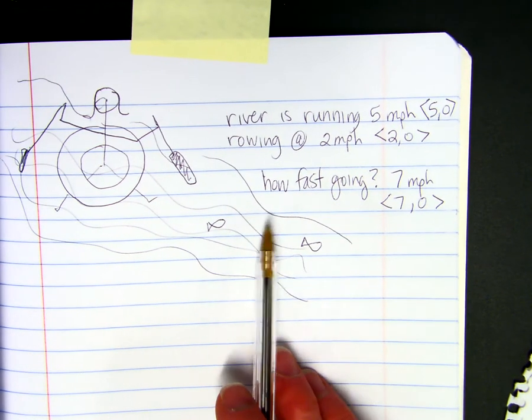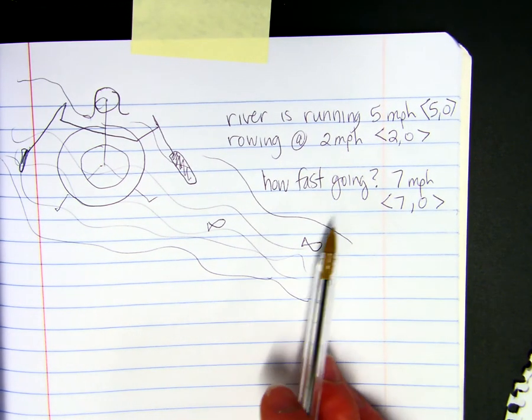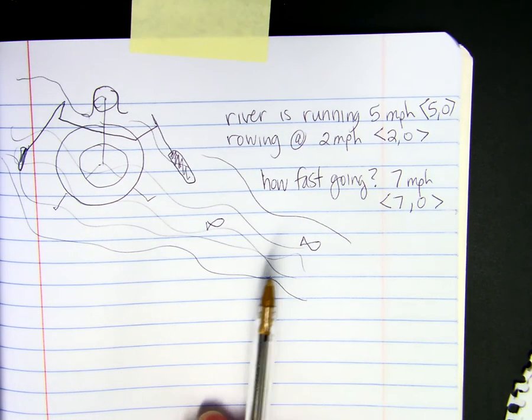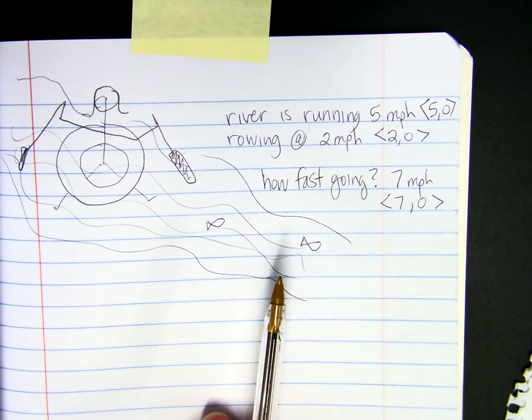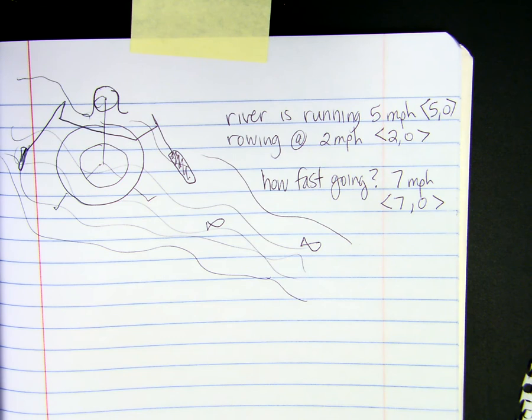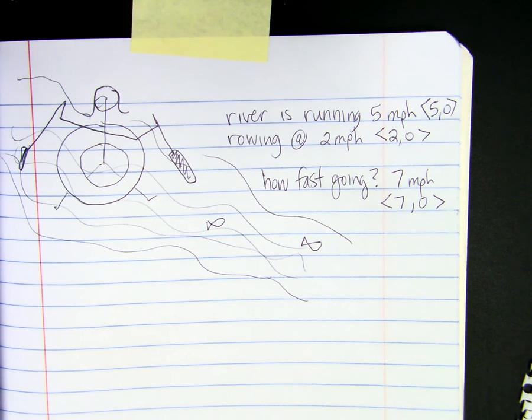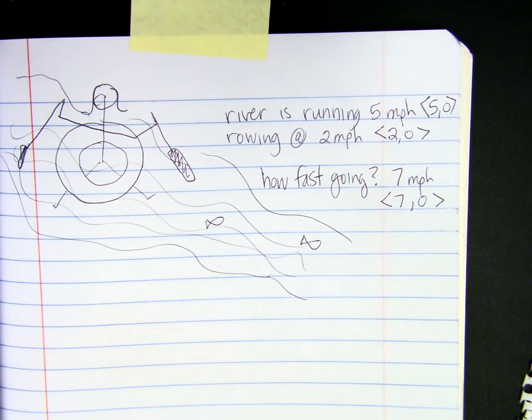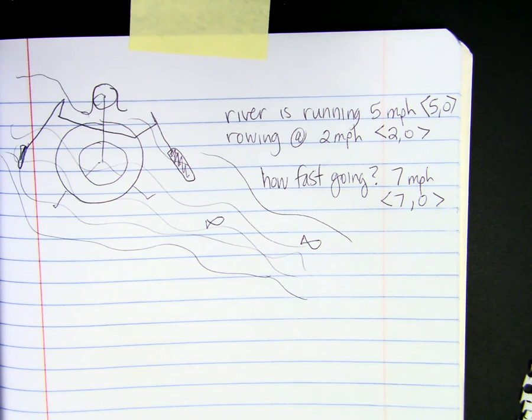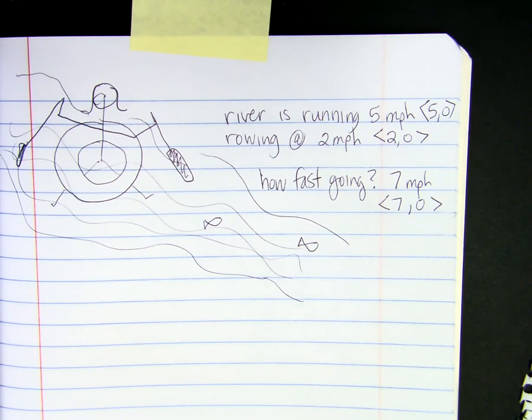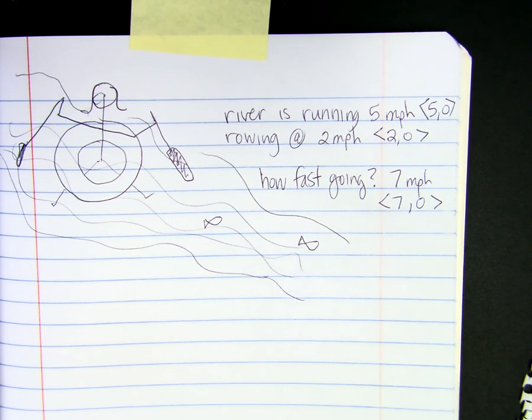So if she were going upstream, how fast would she be going? 3 miles per hour. Wait a minute, but the river's running 5. She's only paddling 2. So she's actually getting pushed down by 3 miles per hour. She's not rowing hard enough.